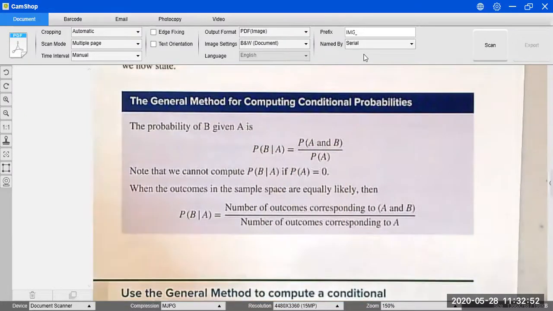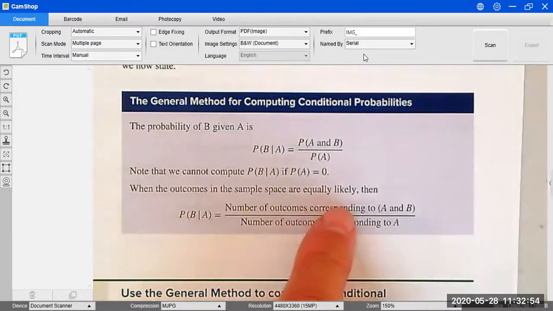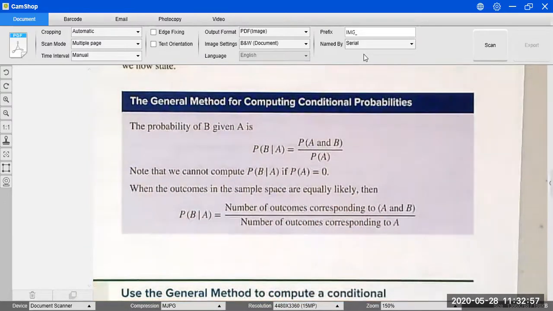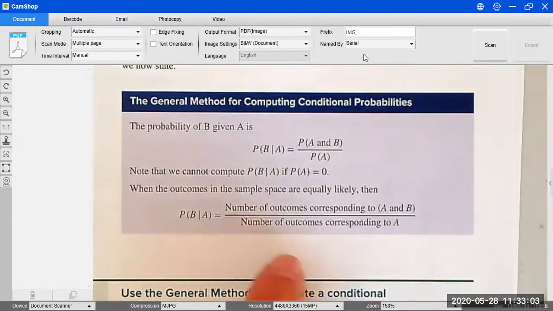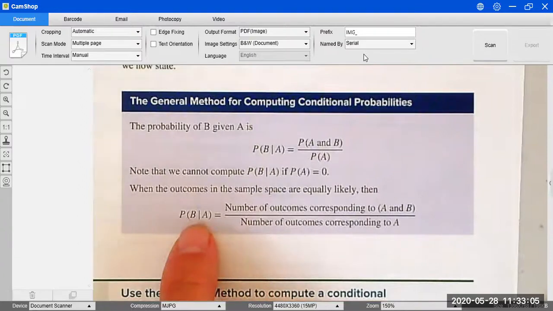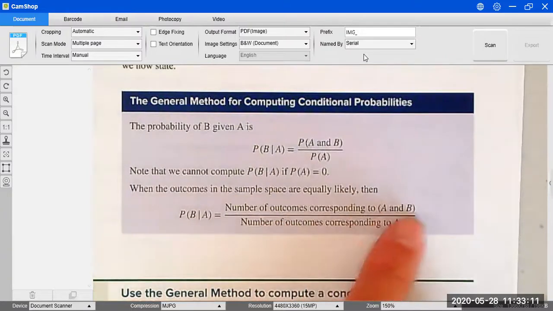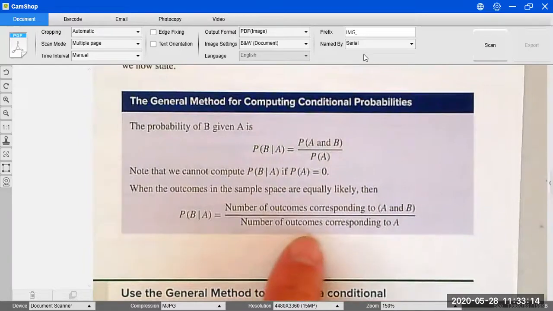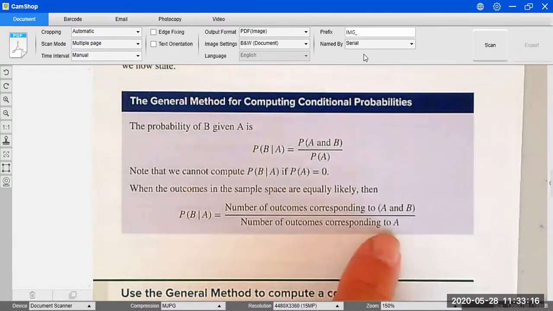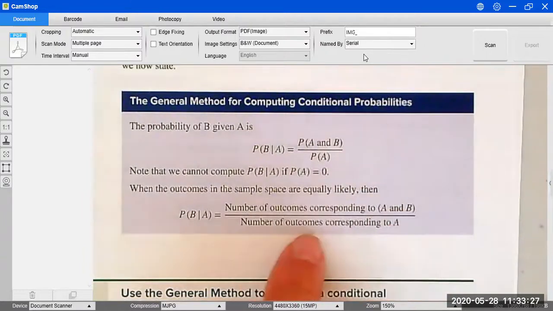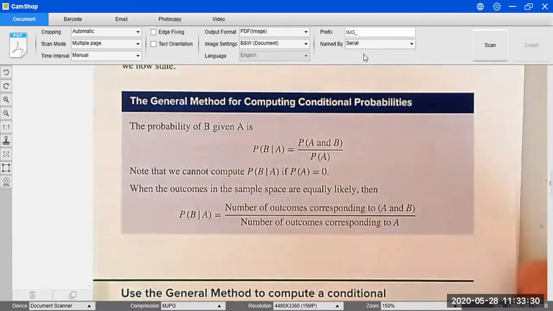When the outcomes in the sample space are equally likely, for example, when you have the same probability for every event in the sample space, then the probability of B given A is the number of outcomes corresponding to the intersection divided by the number of outcomes corresponding to A. In other words, it is the frequency of the overlapping event, when both events happen at the same time, divided by the frequency of event A.